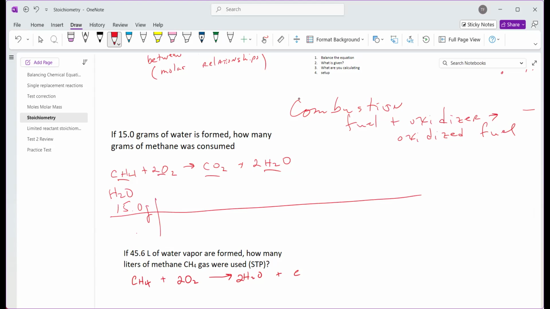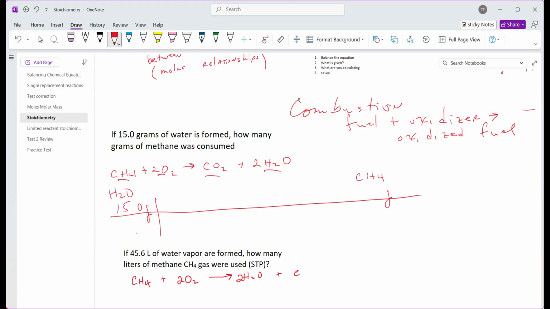What are we trying to calculate? Methane. Grams of methane. This is just like before. Given on the left, calculating on the right.